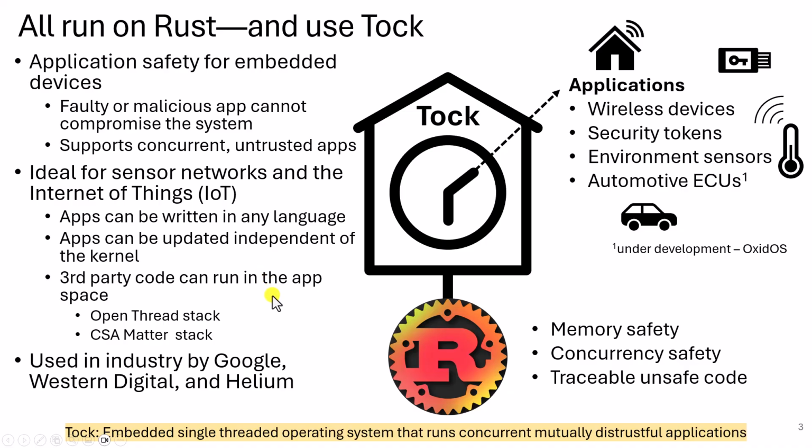And other user stacks could possibly use this OpenThread stack, such as Matter, which uses Thread. And I guess, in summary, Tock, to summarize it in a sentence, is an embedded single-threaded operating system that runs concurrent, mutually distrustful applications. And that sentence brings up the question of how risk reduction is performed?